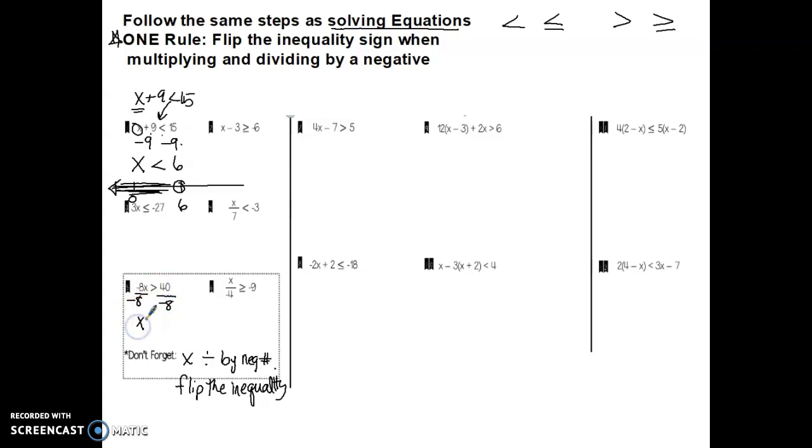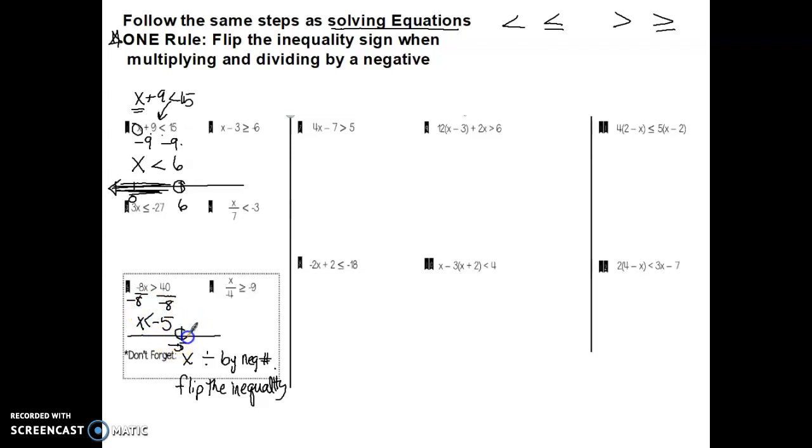So x at negative 5, that's when it's equal. Negative 5 times negative 8 equals 40. So where is it going to be true that negative 8 times x is greater than 40? Well, if you remembered to flip the inequality, it's when x is less than negative 5.